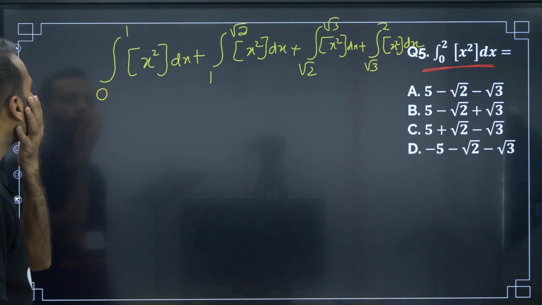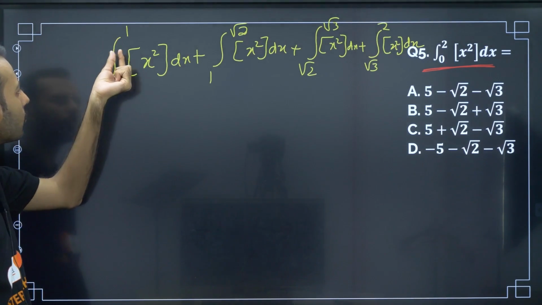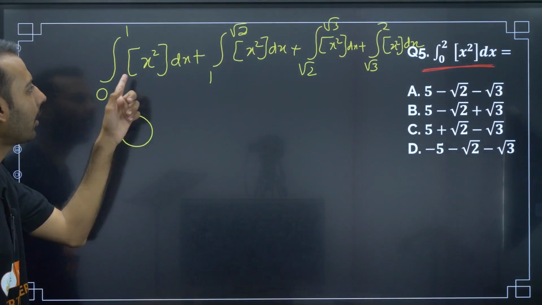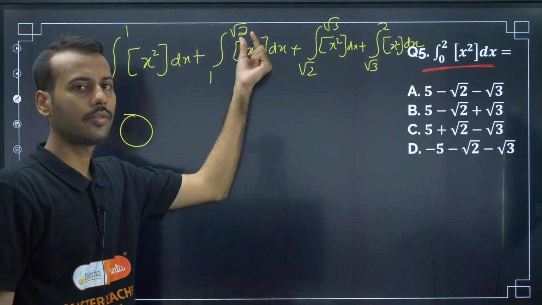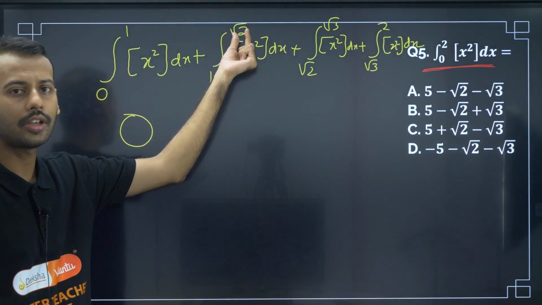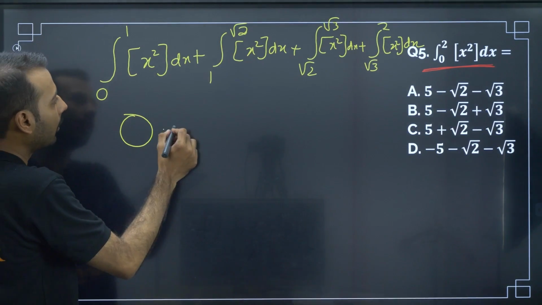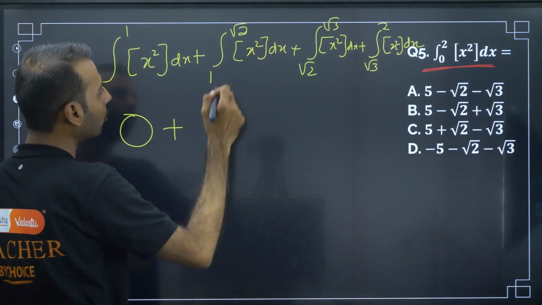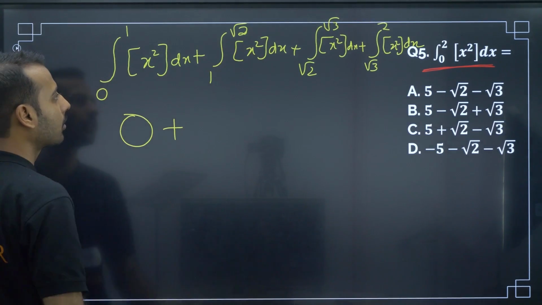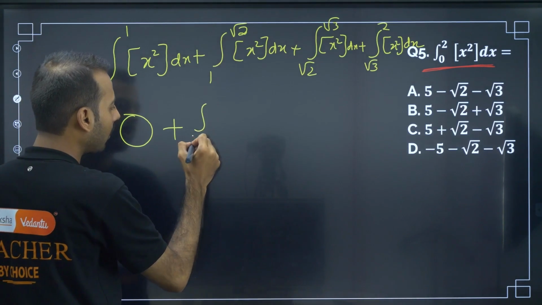Now see here, from 0 to 1, if you place any value from 0 to 1 in x square, GIF will give 0 only. The reason I am splitting like this is that wherever we split, we should get an integer. Next, from 1 to root 2, x square under GIF will give 1 as output, so let me write 1 here.